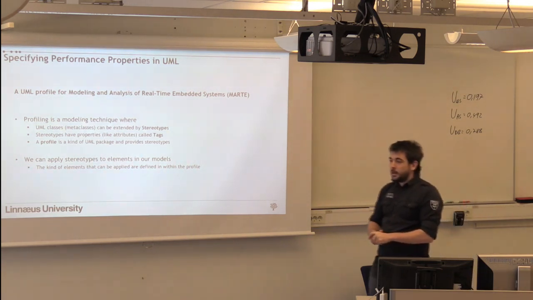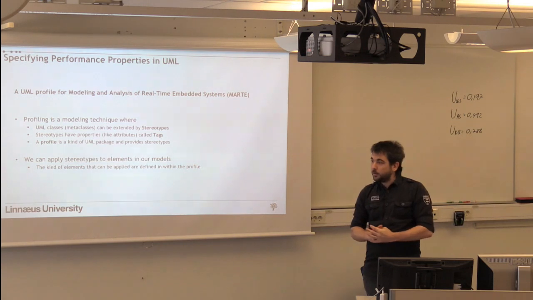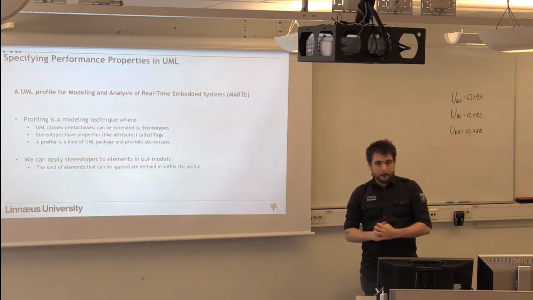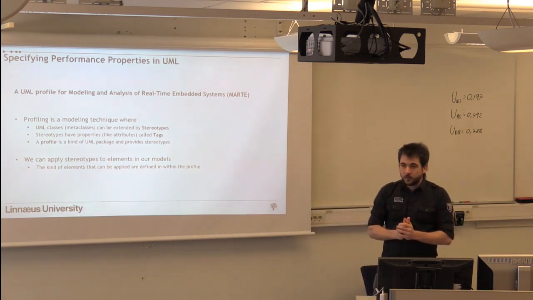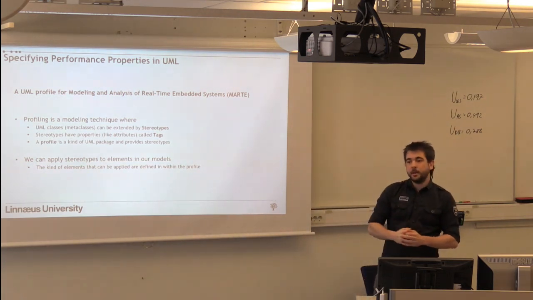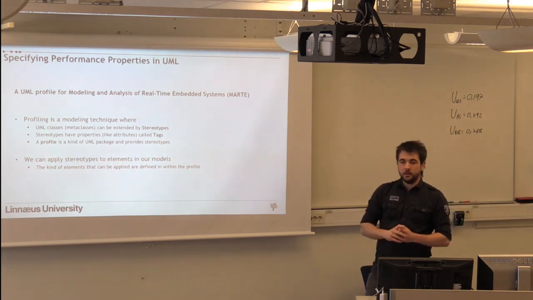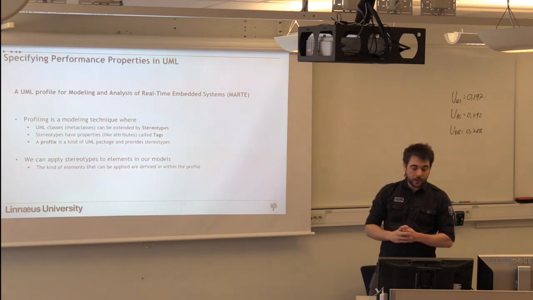So in a profile, when we create a profile, we extend the UML classes. So not the classes in the class diagram we create, but the classes in the UML language itself. And we extend them using stereotypes.